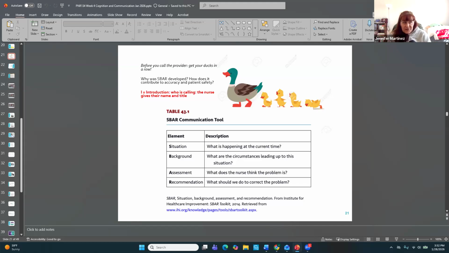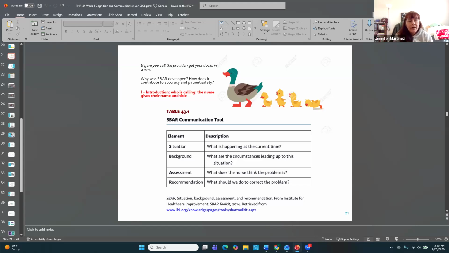And then we go into the SBAR part of it. So, the situation, right? This is what is happening at the current time with our client, the background, what led up to it, and then your assessment. What do you think is wrong? And then what do you recommend to correct the problem, right?